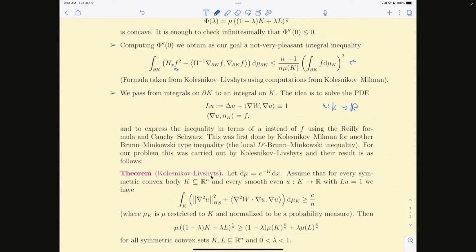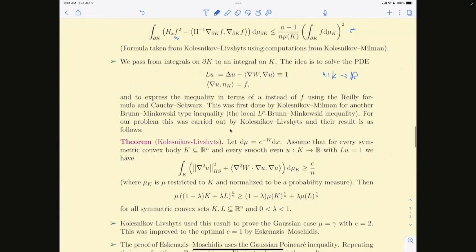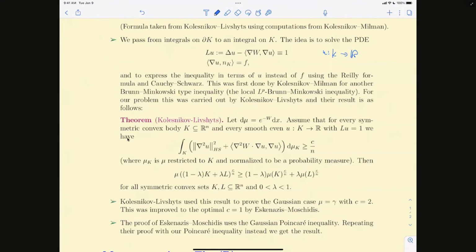So again, for our problem, this was done by Kolesnikov and Lifshitz. For the Lp Brunn-Minkowski, this was done before by Kolesnikov and Milman, but in any case, this is what you get. So in order to prove our result, the inequality you really have to prove is this one. This is the infinitesimal form of our inequality.